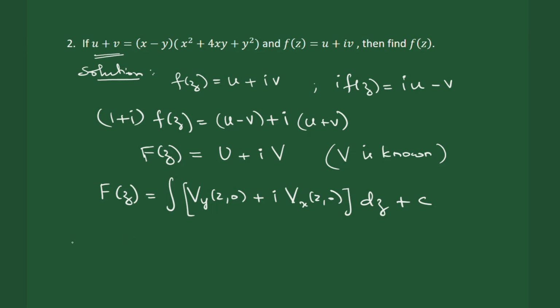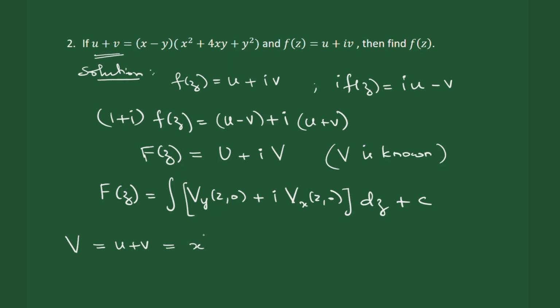Now, what about capital V? Capital V is nothing but u plus v, the function given in the question. For convenience, let us multiply this out so it is easy to differentiate.